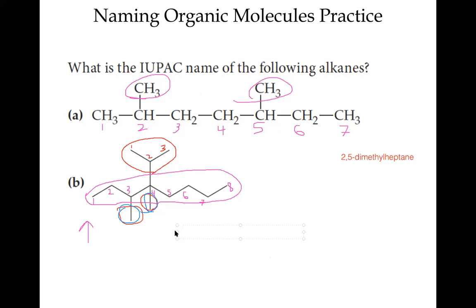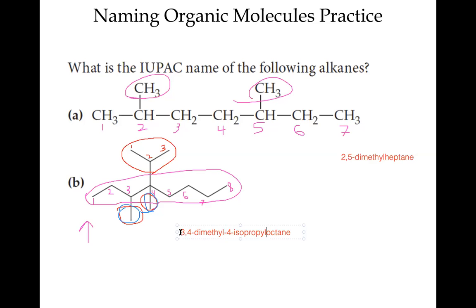Sorry about that. So I said that octane, not octrane, octane is our parent. And I said there was a 3,4 dimethyl. And now in this case, we put the 4 isopropyl right there.